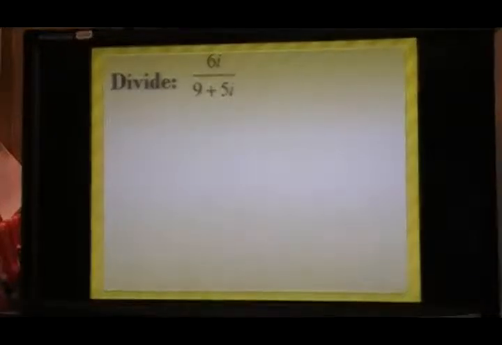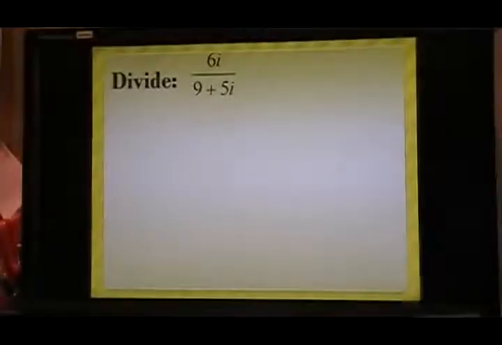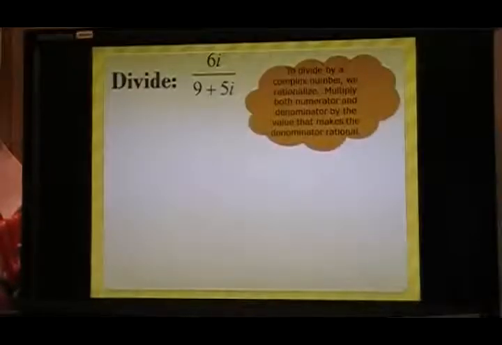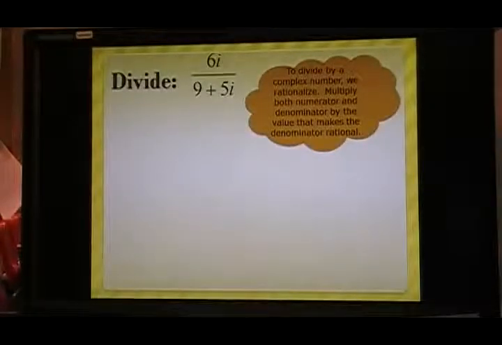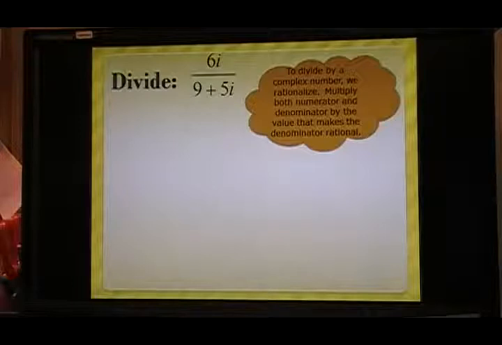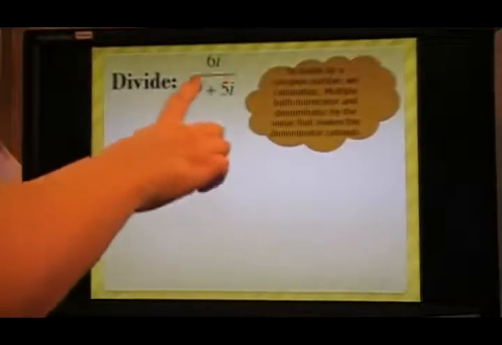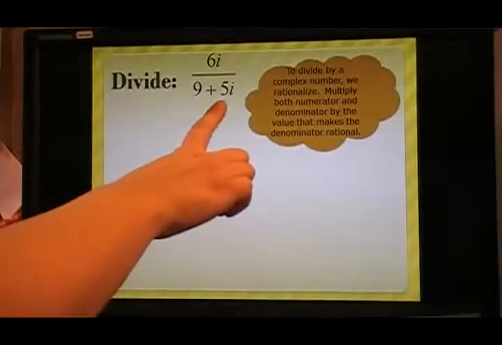Division. As I was saying, division is not like what we're used to. You don't actually divide, but rather you rationalize. Traditionally speaking, when we write a fraction, we want to write it with a rational number in the denominator.